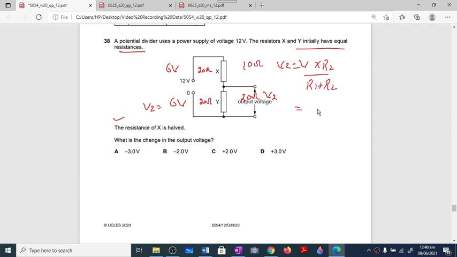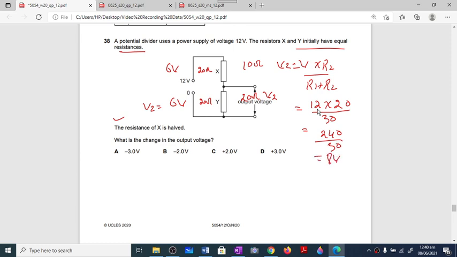So V, the total voltage, is 12 into 20 divided by 20 plus 10, that will give you 30. So what will be the voltage we get over here? 240 divided by 30, that is equal to 8 volt.